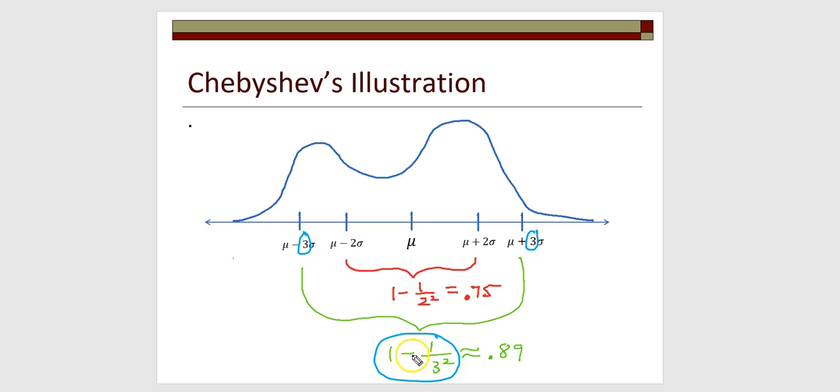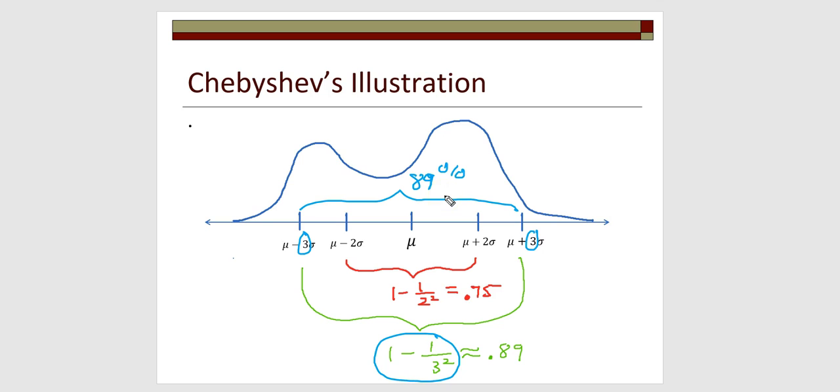And if we evaluate 1 minus 1 over 3 squared, that's 8/9, and that's about 0.89. So Chebyshev's theorem says between these two numbers, at least 89% of all of your data values are between these two numbers. And once again, it could be more than 89% if your distribution is normally distributed or bell-shaped.